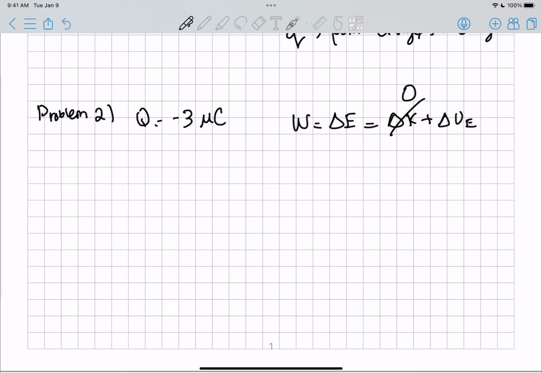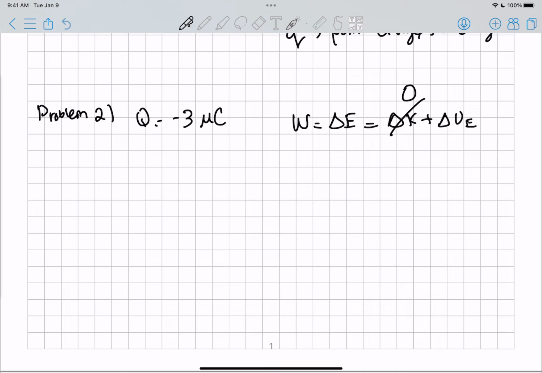Unless, right, we did an example problem with this yesterday on that first extra practice exam, where they were moving a charge from a specific point to infinity, and at that point you're not really allowing that charge to rest, so you would be able to find the final velocity. But in this case, we're moving it from one specific point to another specific point, from rest to rest.